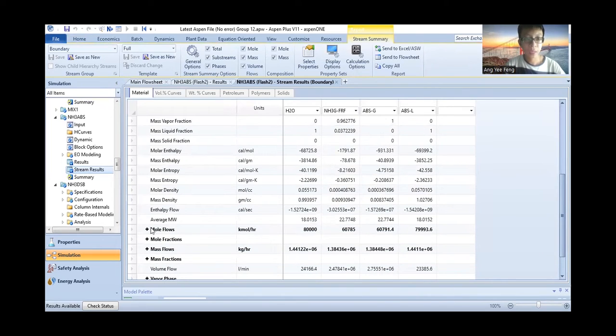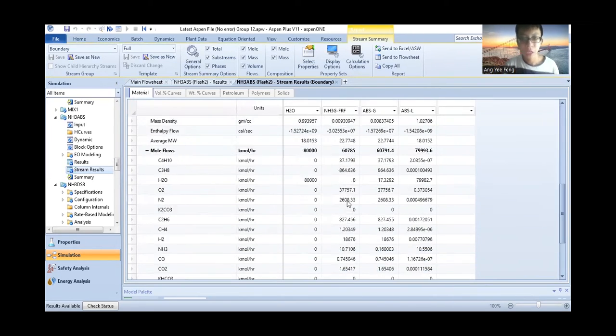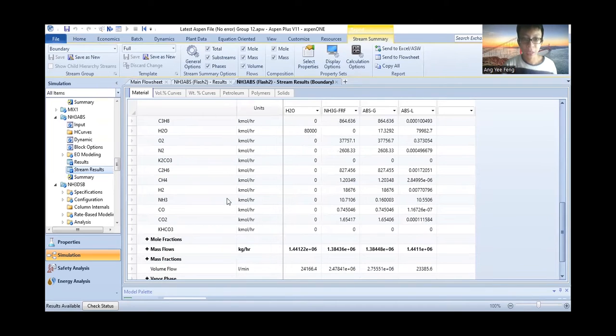From the mole flow rate, we can see that it is efficient in terms of NH3. Initially, the inlet gas stream, NH3 gas RF, has 10.7106 kilomole per hour of NH3, and a H2O stream with 8,000 kilomole per hour of H2O is supplied to the absorber.